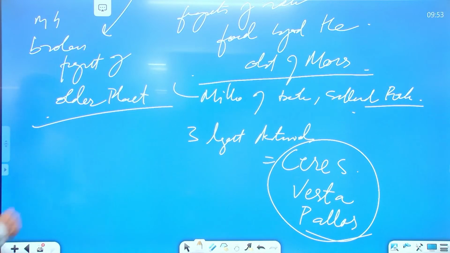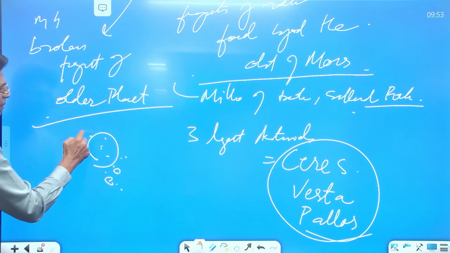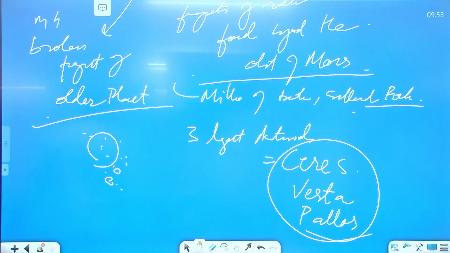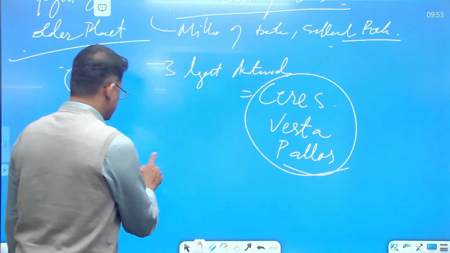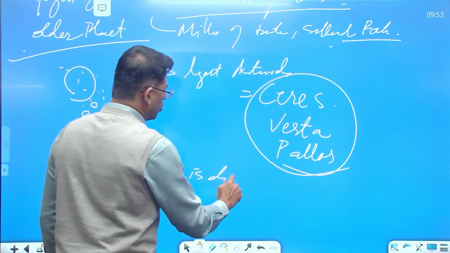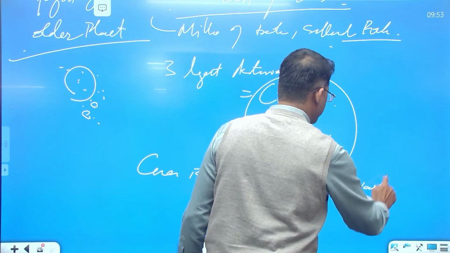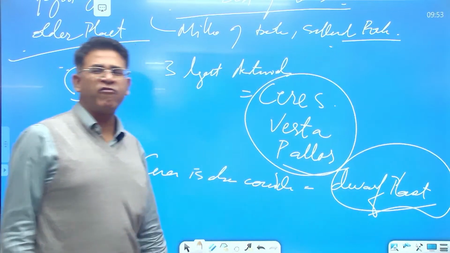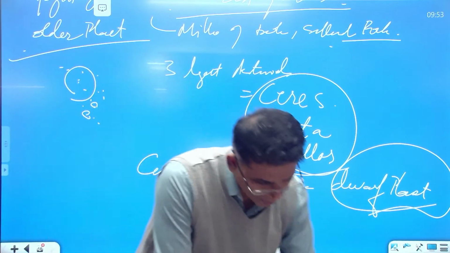There are many small ones, but if you add up, these three make up the bulk of the weight of all the asteroids. Ceres is also considered a dwarf planet, maybe a small planet. And Ceres has been in the news a lot. Write down now.